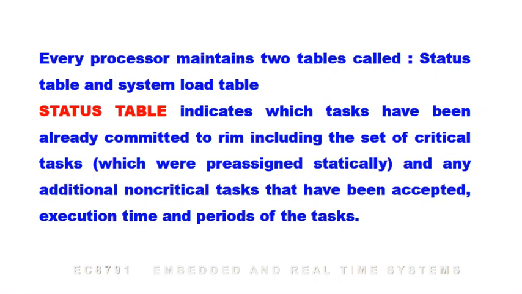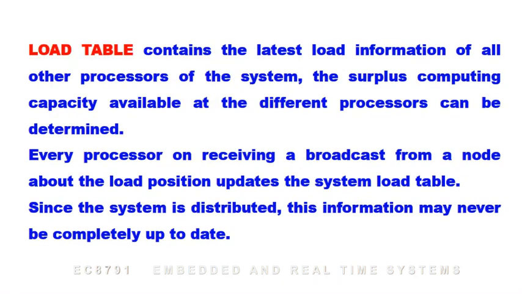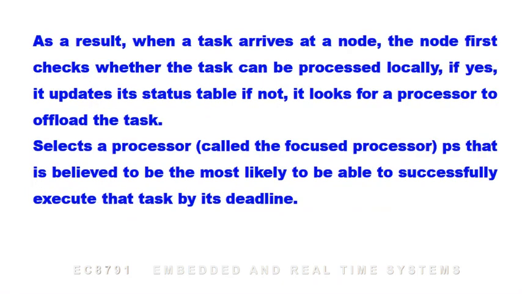The load table contains the latest load information of all other processors of the system. The surplus computing capacity available at the different processors can be determined. Every processor, on receiving a broadcast from a node about the load position, updates the system load table. Since the system is distributed, this information may never be completely up to date.